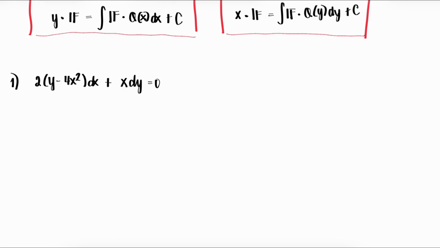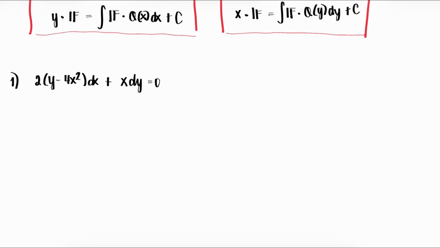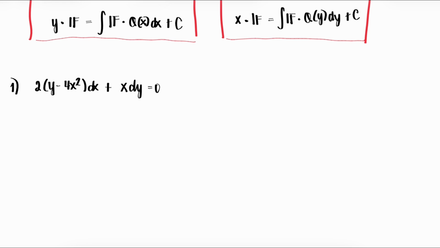Usually what we notice if you want to change to a linear form is that for the differential with a more simple coefficient, like this dy right here, x is more simple, then usually it is that variable right here which is the dependent variable.